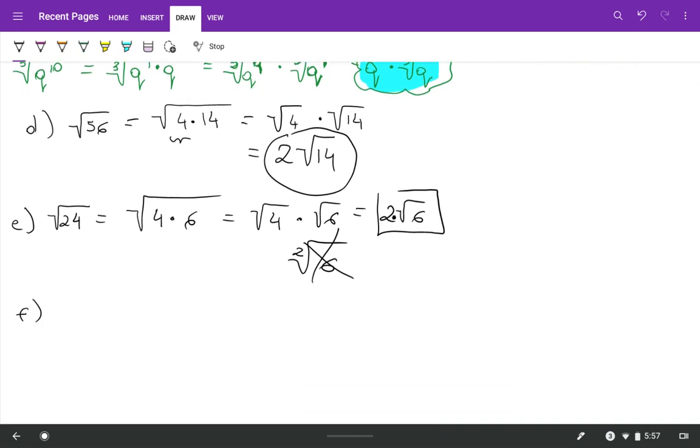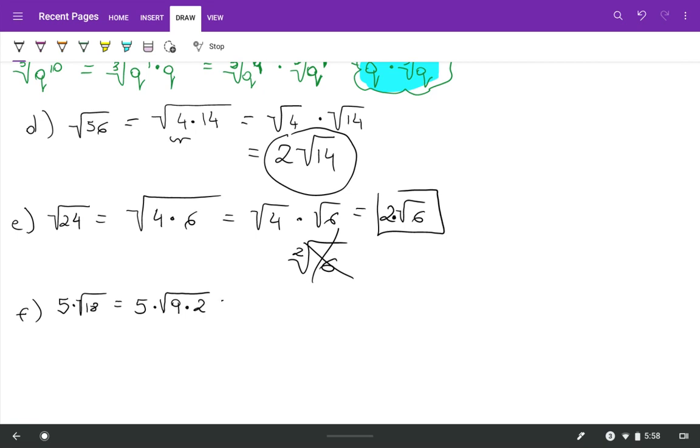So let's simplify 5 times square root of 18. So this is 5 times square root of 18. How are we going to simplify? 5 is 5, so we copy 5 times. Square root of 18 you want to simplify. So we can break down 18 into 9 times 2.